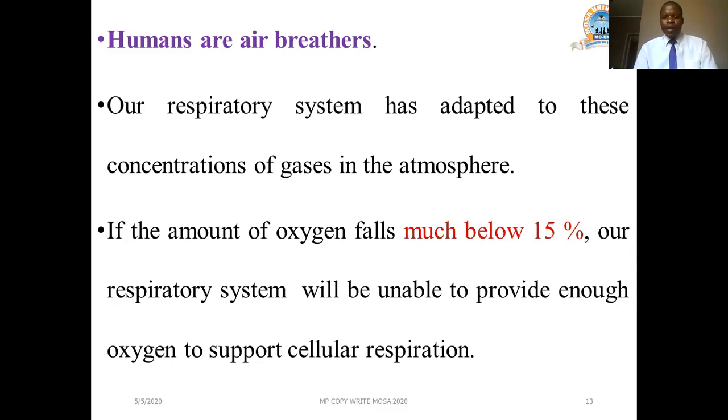This also explains why when you are in a polluted environment, immediately your brain tells you this place is not good for you, and you start finding ways of getting out of that place so that you can go to a place where there is enough oxygen for you to breathe, so that you are able to provide enough oxygen for cell respiration.